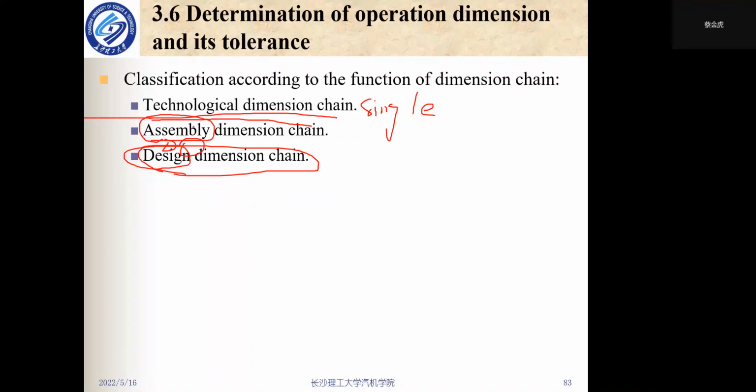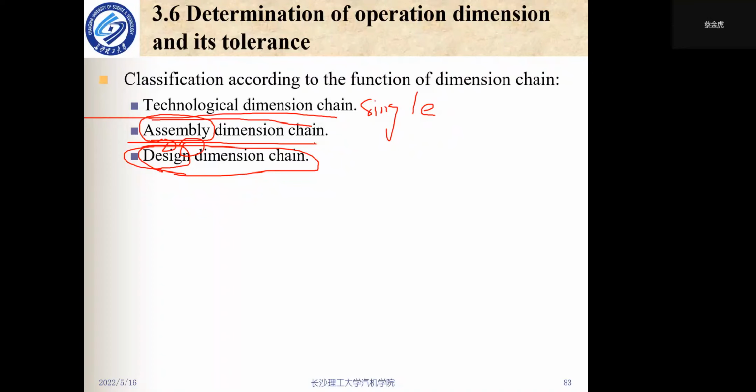It is formed by some related dimensions of different components or parts in the assembly process.